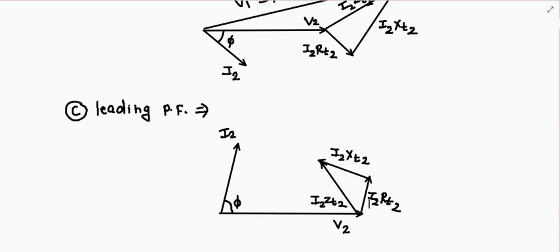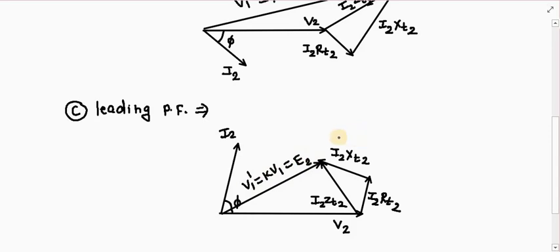And vector addition of I2 ZT2 and V2 is nothing but your V1 dash, which is equal to K into V1, which is equal to your E2.